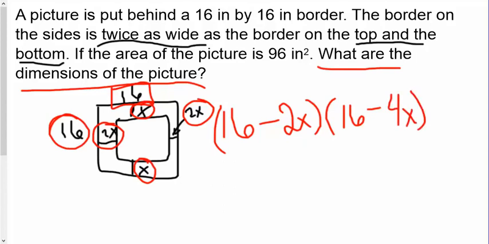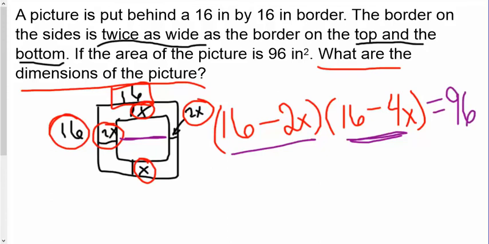And again, we're subtracting, and essentially what we're saying is this length here is the 16 minus 4x, and the other length is the 16 minus 2x. So that equals the area of just the picture. And I want to make sure we clarify that is just the area of the picture.